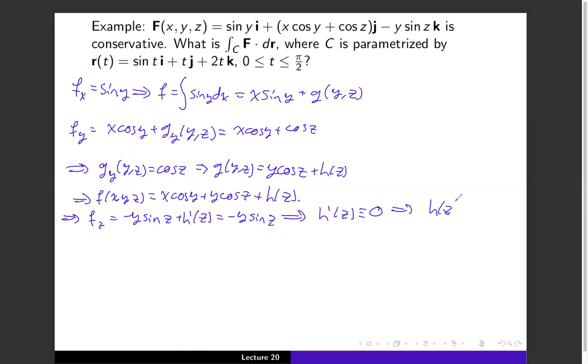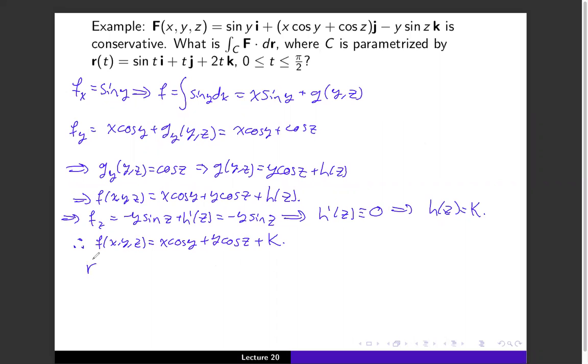So h of z is just some constant, which it turns out we're going to be able to ignore. So the upshot of all of this is that f of x, y, z is x sine y plus y cosine z plus some constant K, which I don't really care about.